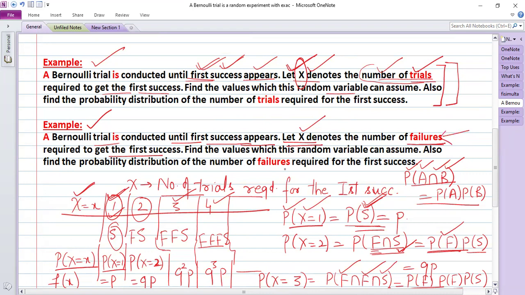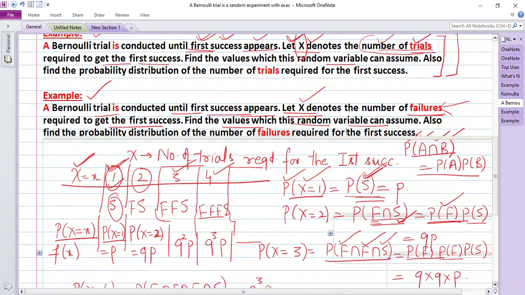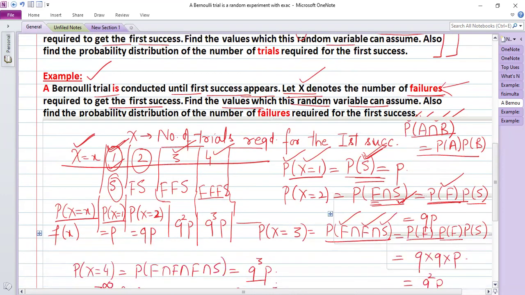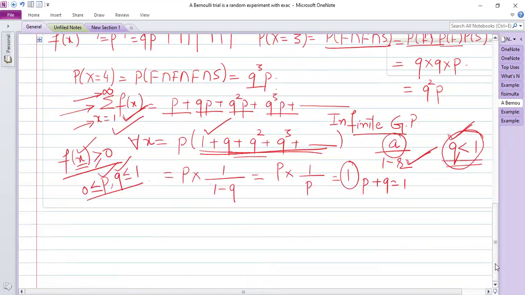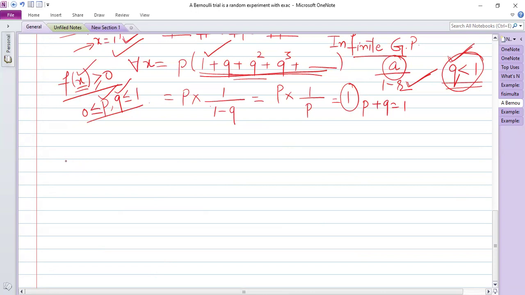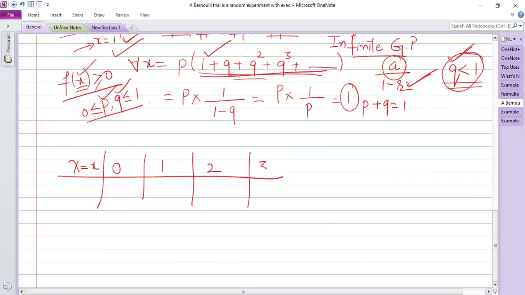So once again, we have to find the values which this random variable can assume. Now, the things will be almost the same. The only thing is that this x, its value will start from 0, then it will be 1, then 2, then 3, and so on.